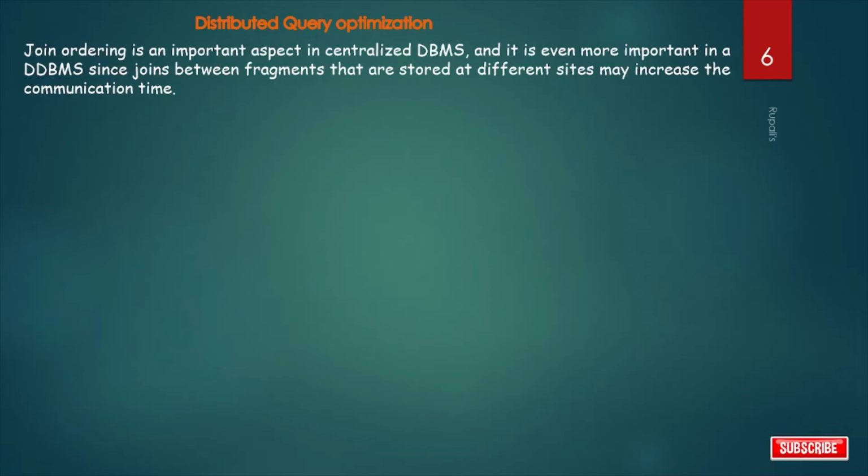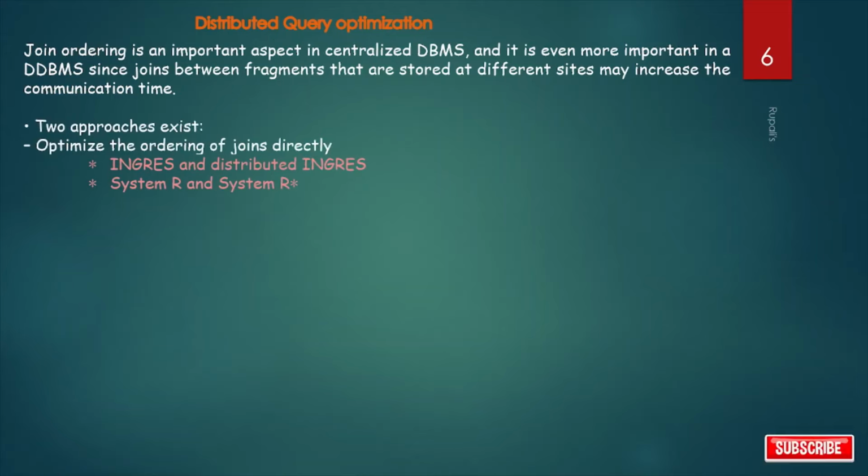Join ordering is an important aspect in centralized DBMS, and it is even more important in a distributed DBMS since joins are between fragments that are stored at different sites. So different sites store different fragments or tables, and this may increase the communication time. So there are two approaches.